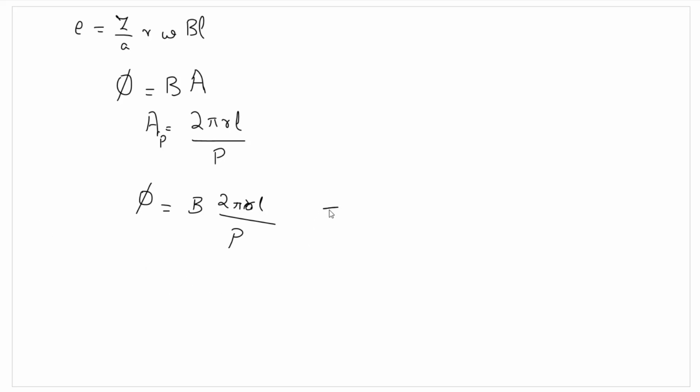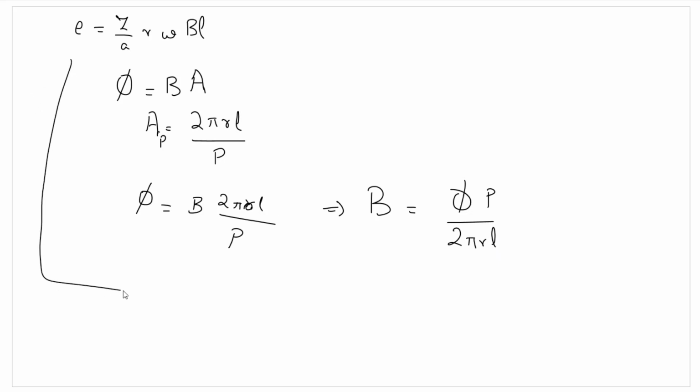So from here we get B is equal to phi P divided by 2 pi RL. So our induced voltage will become E is equal to Z by A R omega B, which is phi P by 2 pi RL, into L.